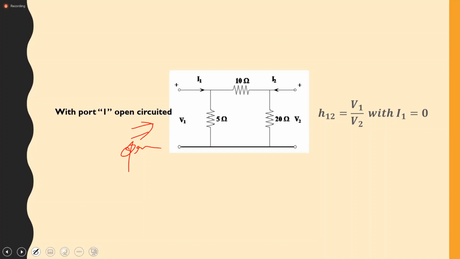All right, so we look at this again. All we're trying to do, students, is find the relationship between V1 and V2, just find a relationship that connects the two. Based on what we have here, if port 1 is open, then V2 will be seen across the 20 ohm. And all we'll be doing is dividing V2 between the 5 and the 10 ohm resistors.